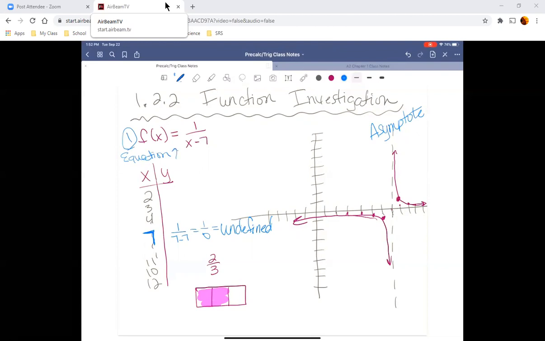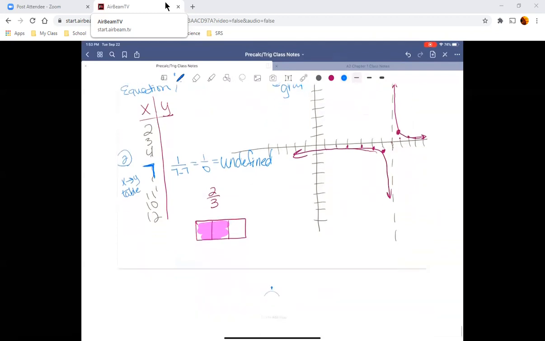Another way is by using a table, and a lot of times in our book they denote it by an XY table. And the third way is to make a graph. So one of our ultimate goals this whole year or semester, with all these different families of functions, is to be able to represent them by an equation, a table, and a graph. Not too bad?